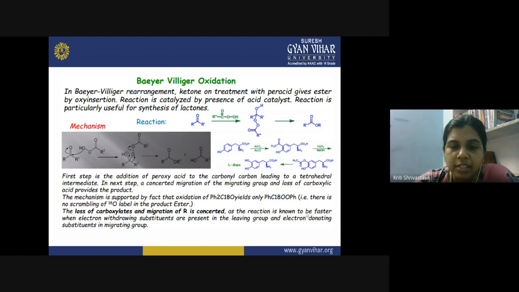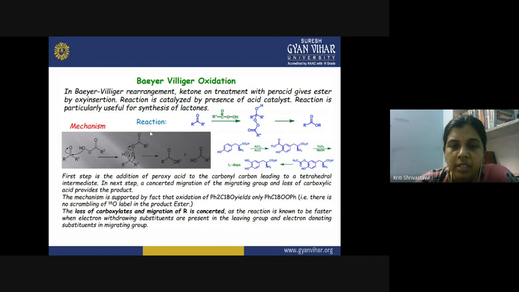The reaction is known to be faster when electron withdrawing substituents are present in the leaving group and electron donating substituents are present in the migrating group. In that case, you can expect the reaction to be very fast. What is the leaving group?